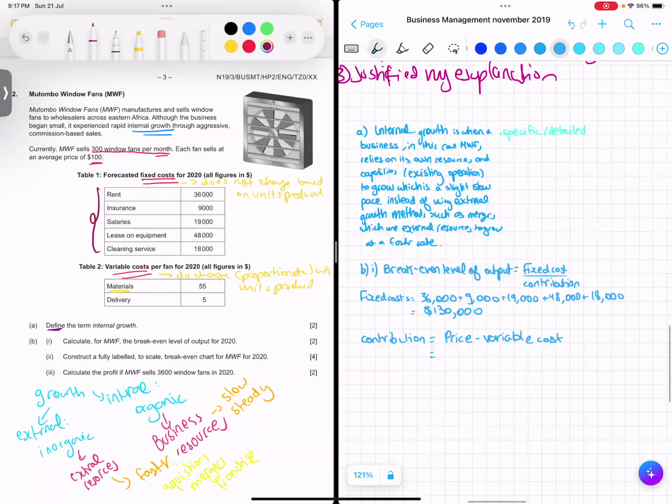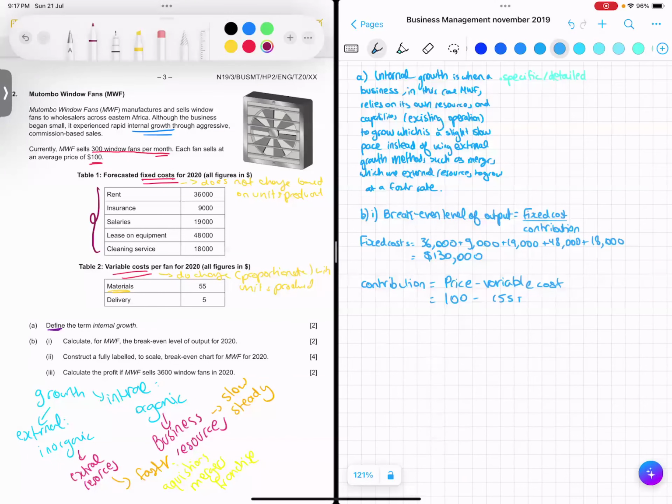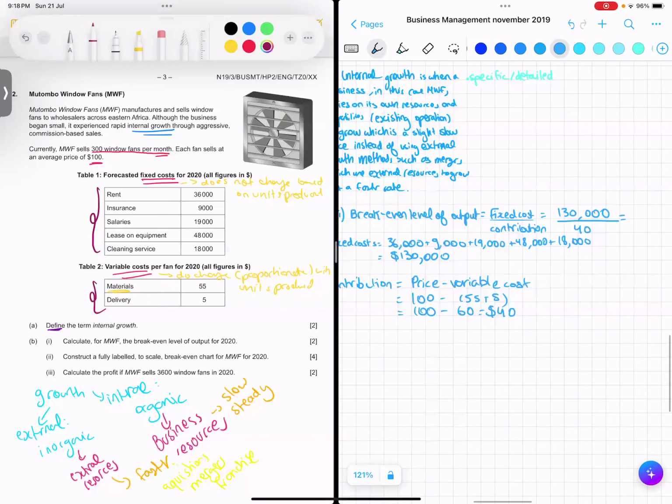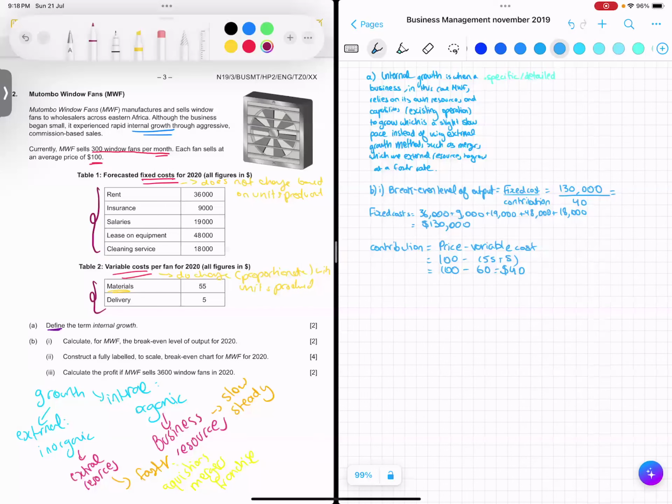Okay, so here we have 130,000 over 40, which is equivalent to, I'm gonna just calculate this. Okay, it's equivalent to 3,250 fans or units. You can say which one you want, but fans and units both work.